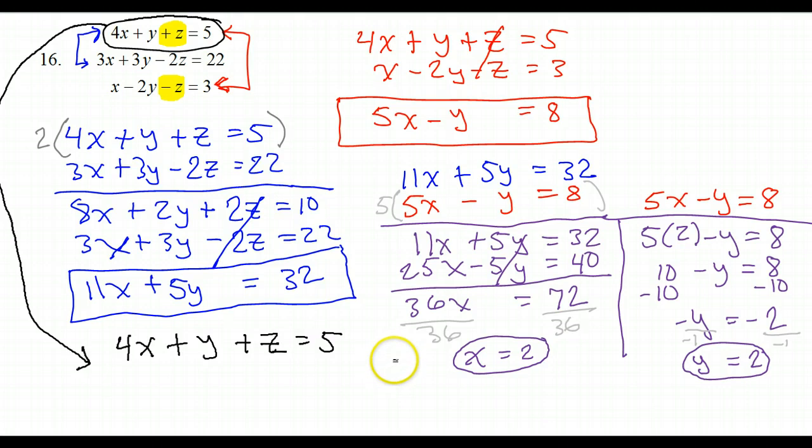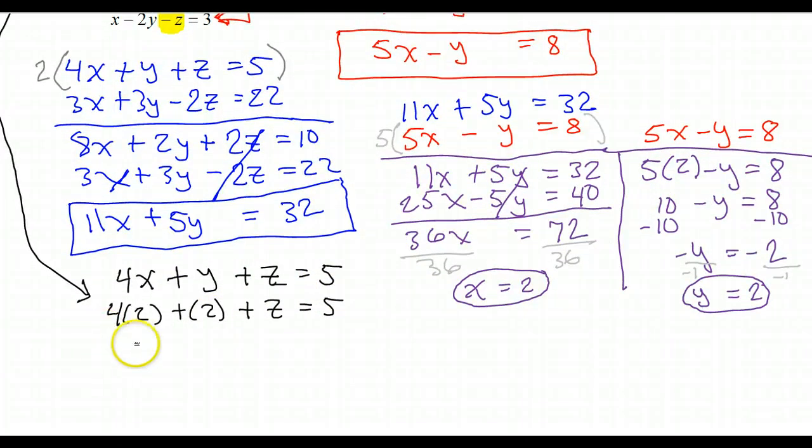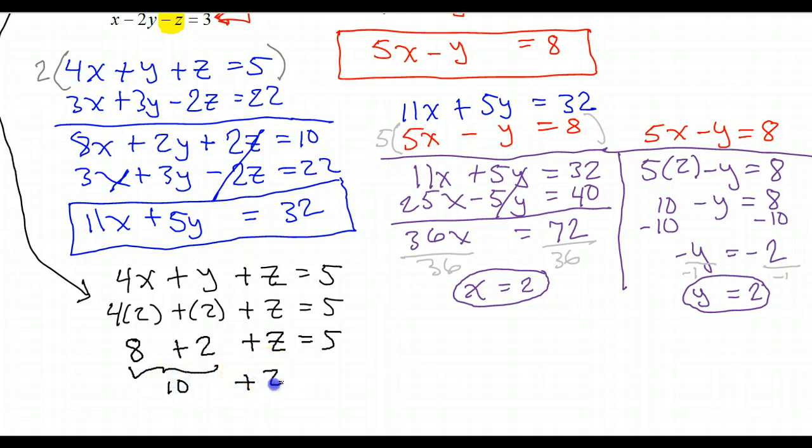But now I know that x and y are both 2. So this is going to make 4 times 2 plus 2 plus z is equal to 5. So that's going to make 8 plus 2 plus z equals 5. Putting these together, that's going to make 10 plus z equals 5.